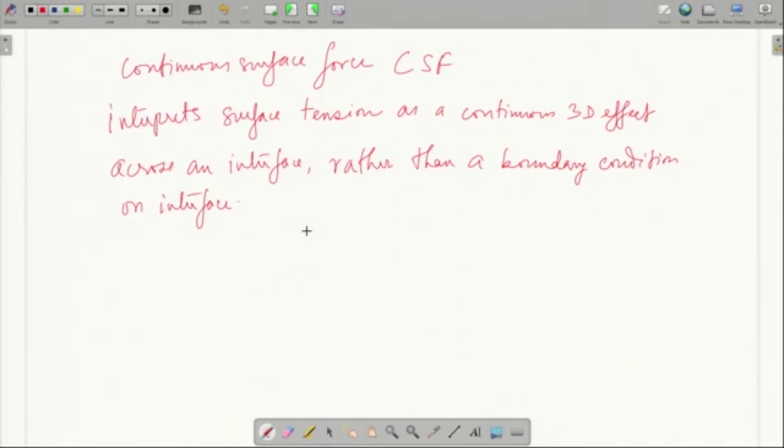So, this is essentially the concept, and this aligns with the assumptions of the one fluid approach.